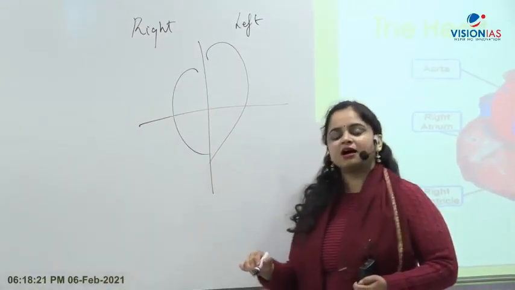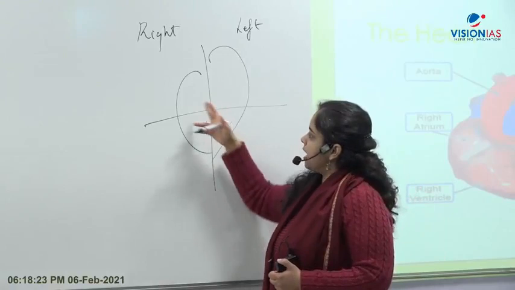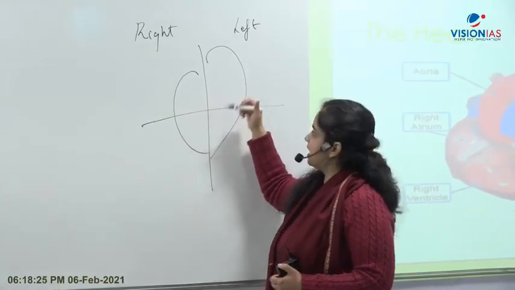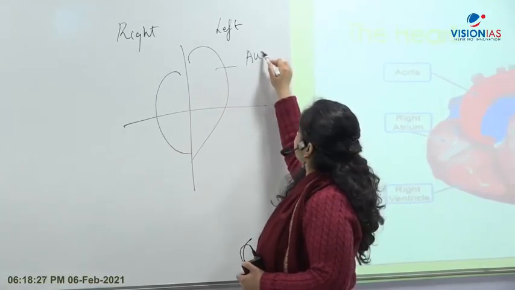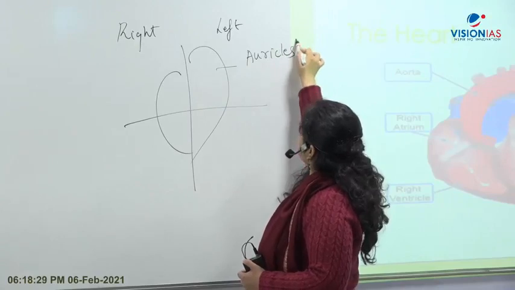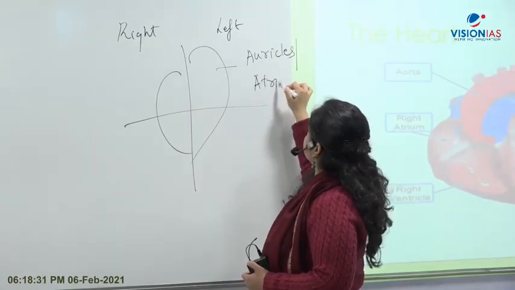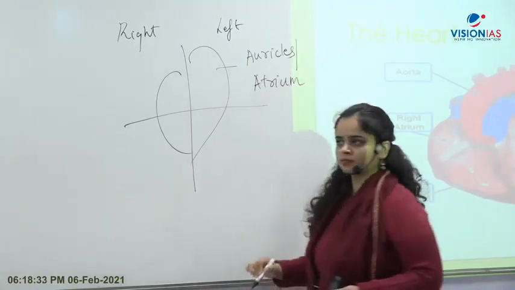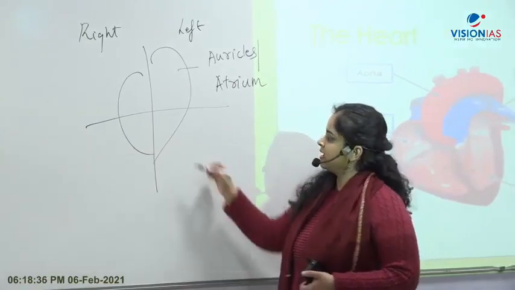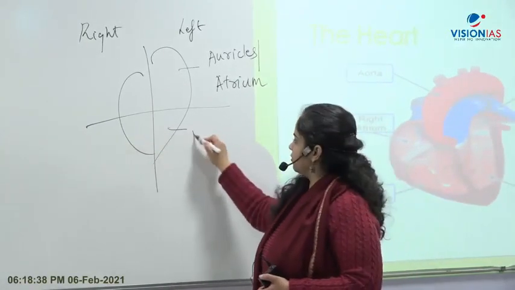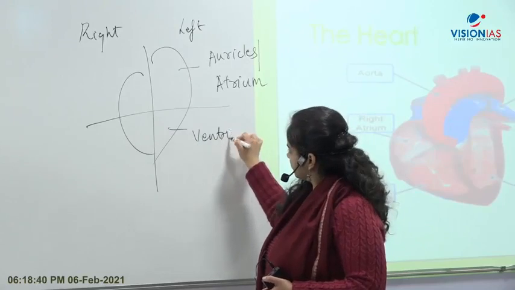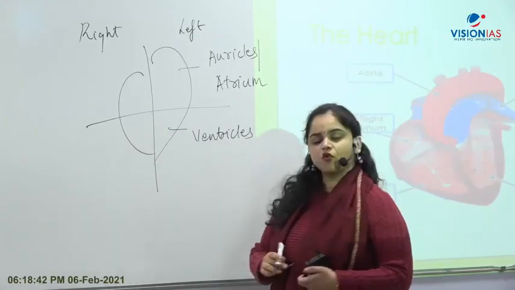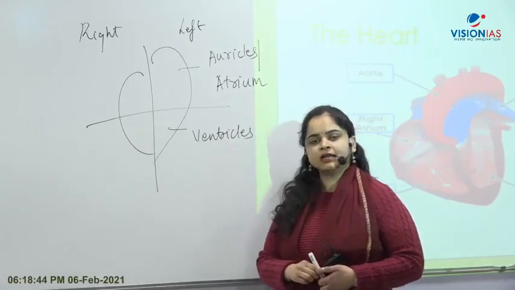The different parts of your heart: the upper 2 chambers are called auricles, or the other word is atrium, and the lower parts are called ventricles. 4 chambers, 4 parts of the heart.